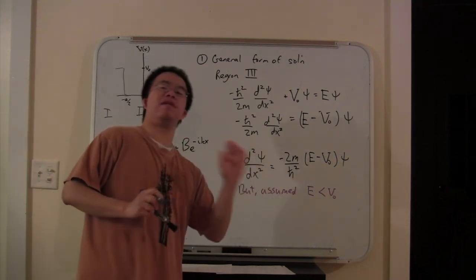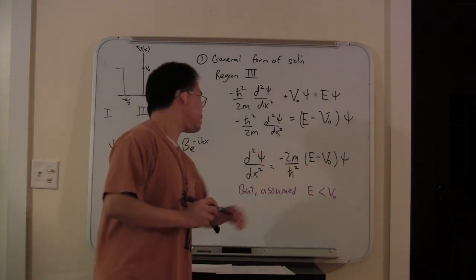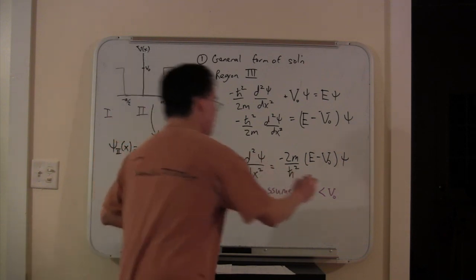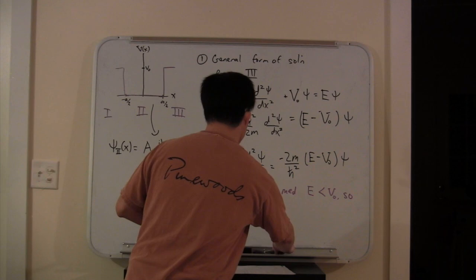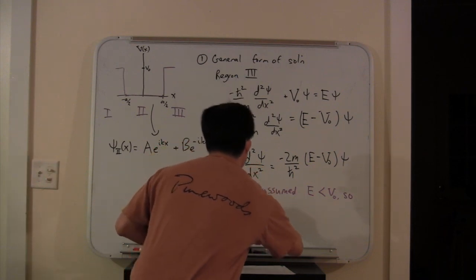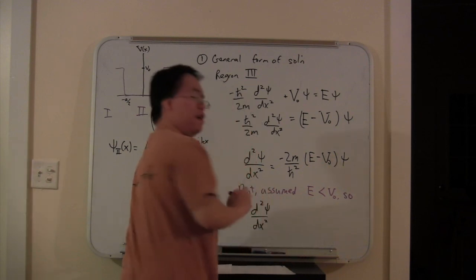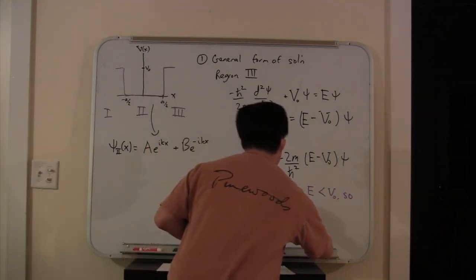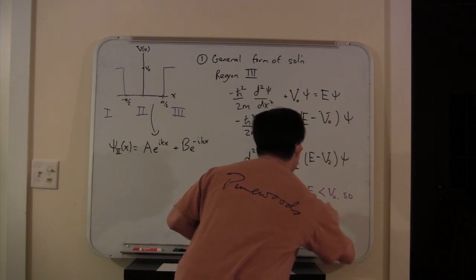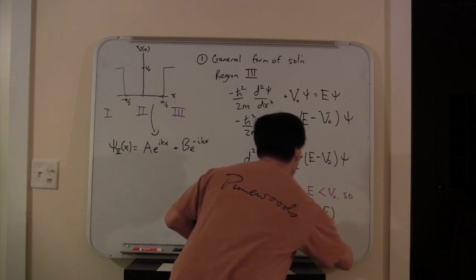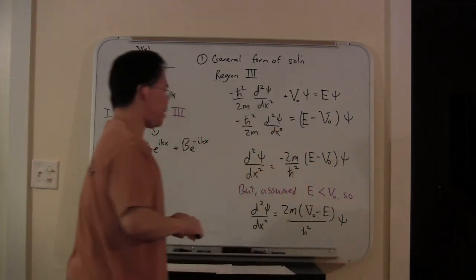So I could actually make this a little bit easier to interpret by bringing the minus sign inside. So we have d squared psi dx squared equals 2m (V naught minus E) over h bar squared psi.